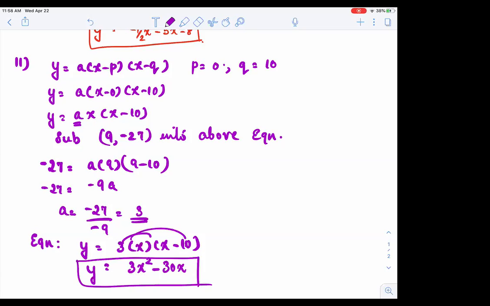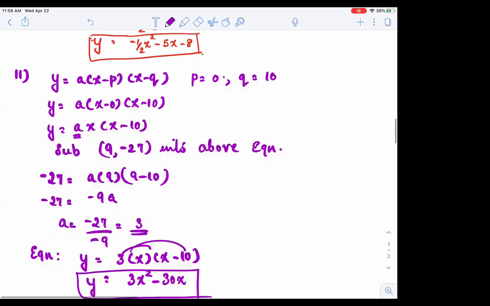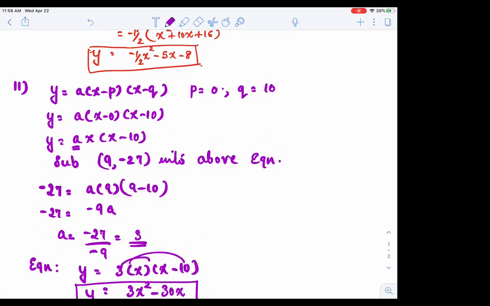Yeah. Okay. So remember the x-intercept form. You wrote the x-intercept form. You use the x-intercepts p and q for p and q. The only missing variable was the a, and that is why we need the extra third point.